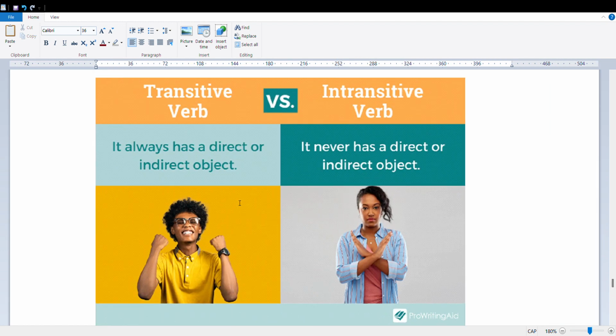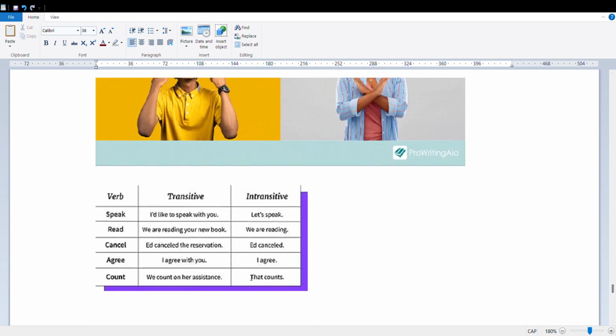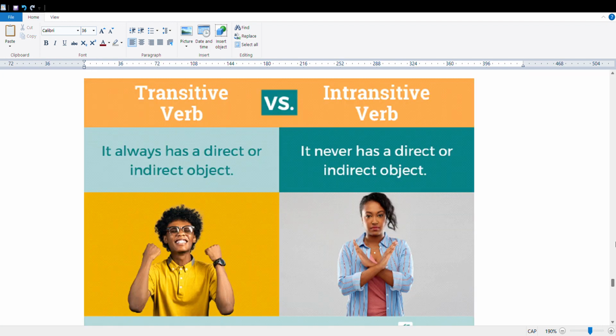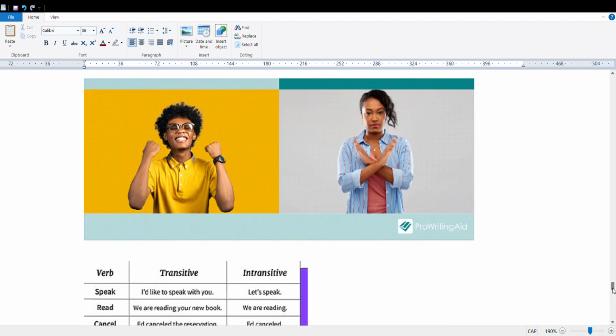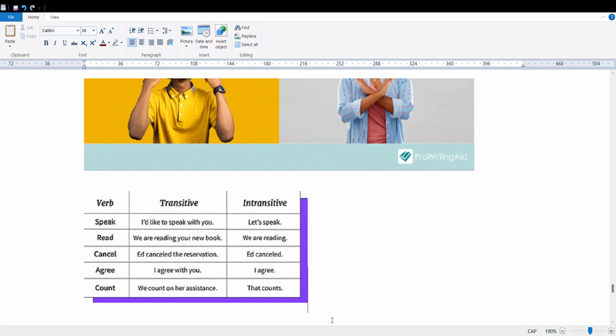Here is a kind of example which will help you all to identify. Here the verb is speak. You have to make a transitive and an intransitive sentence from that. Speak: I would like to speak with you, transitive. Intransitive: let's speak.